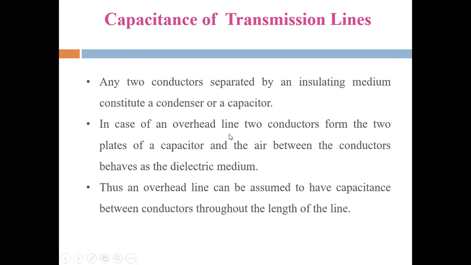Okay, in case of overhead lines, two conductors form the two plates of a capacitor. The two conductors means parallel conductors, and those parallel conductors act as the two plates of a capacitor.